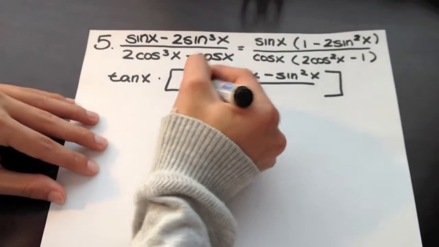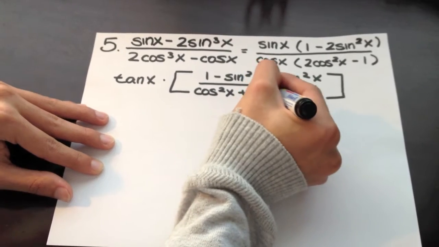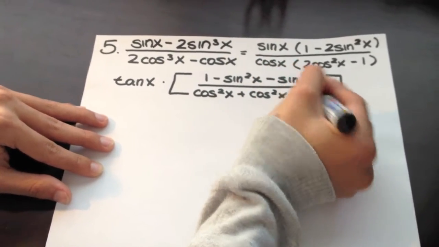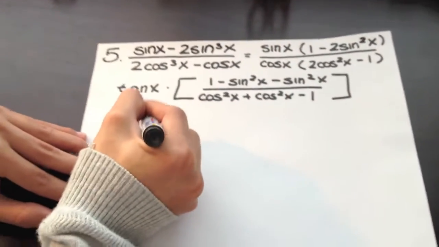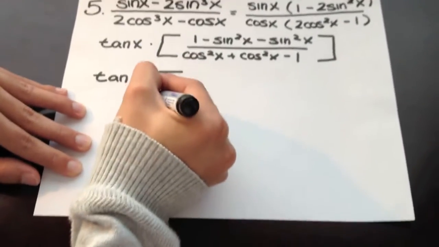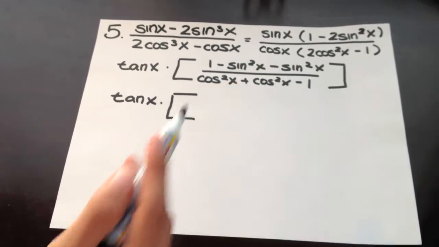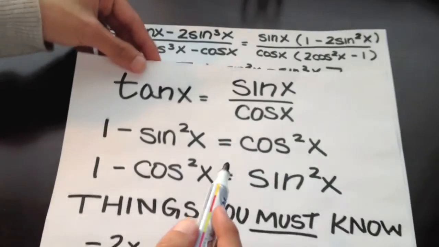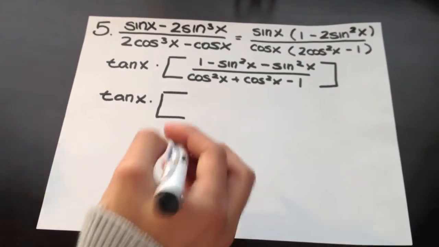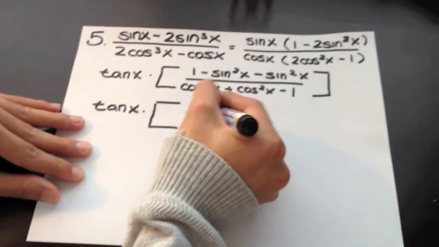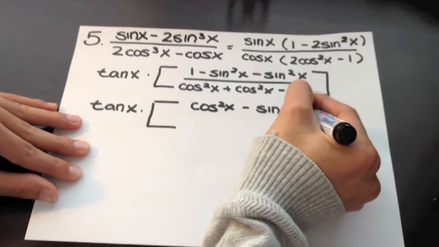So this is actually cos squared of x plus cos squared of x minus 1.